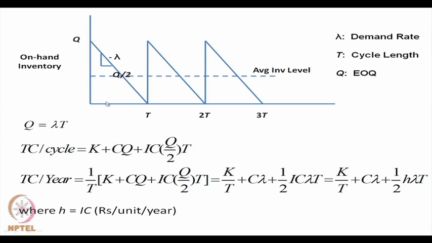The costs associated with such an inventory replenishment policy are two. One is the procurement cost K plus C Q, and then the inventory holding cost. The average inventory held is Q by 2, multiplied by T is the inventory held in the cycle time, and I C is the inventory holding cost per unit multiplied by this.